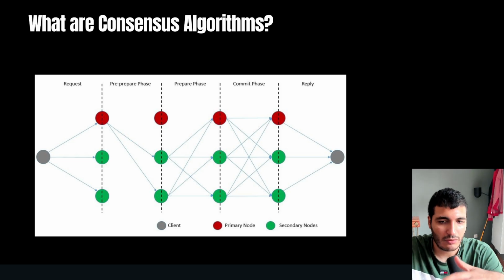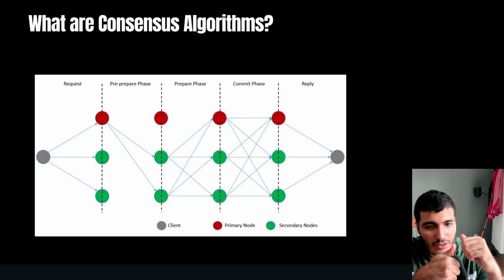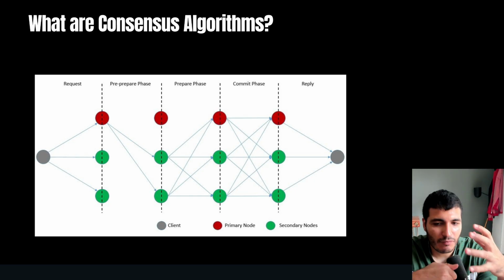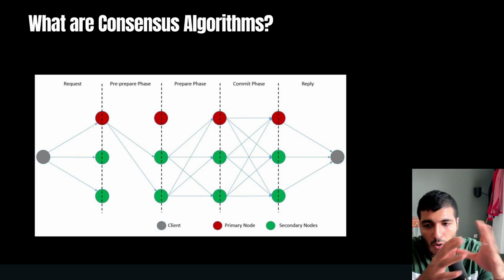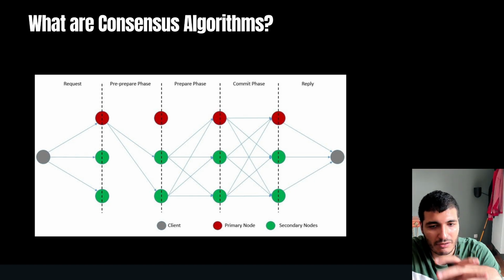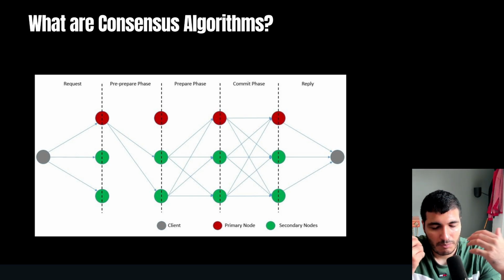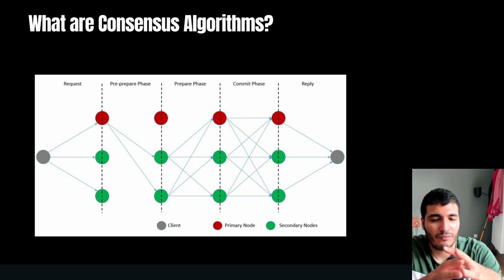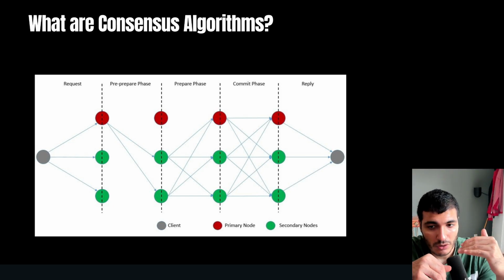The goal here is to guarantee two critical properties. Number one, safety. Basically, the system never commits an incorrect or conflicting value. All non-failing nodes agree on the same value. Number two, liveness. Basically, all non-failing nodes eventually do agree on a value, ensuring progress.